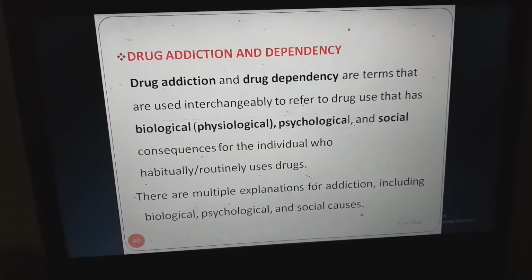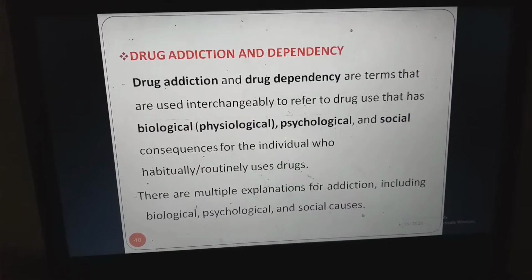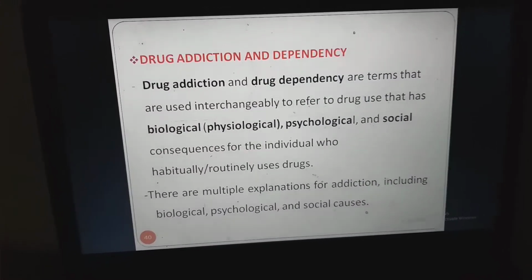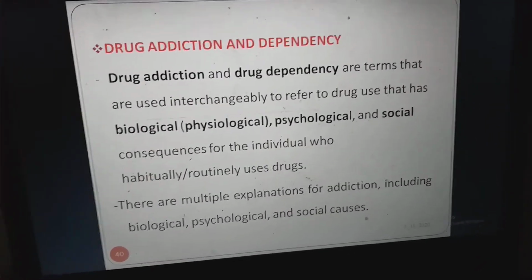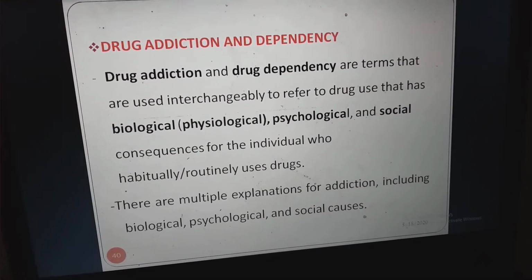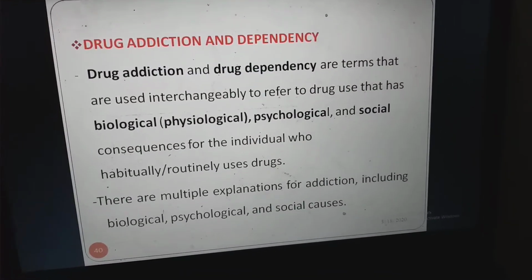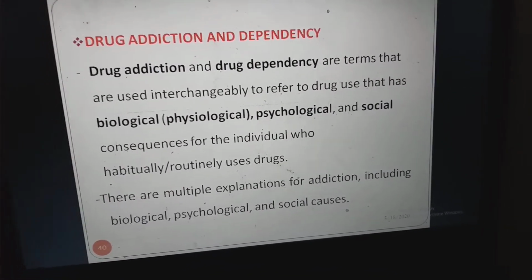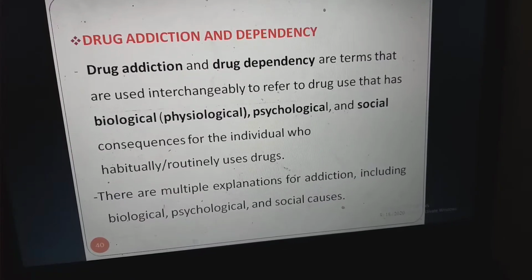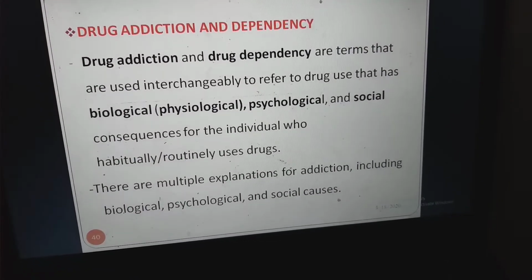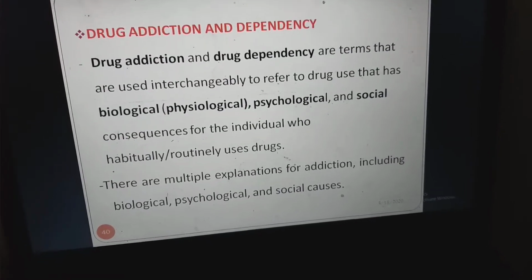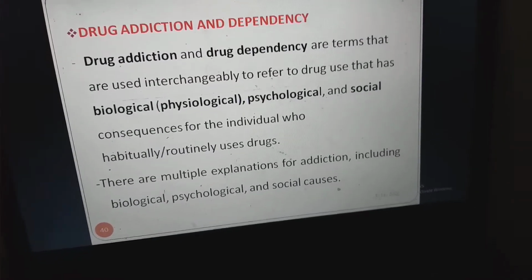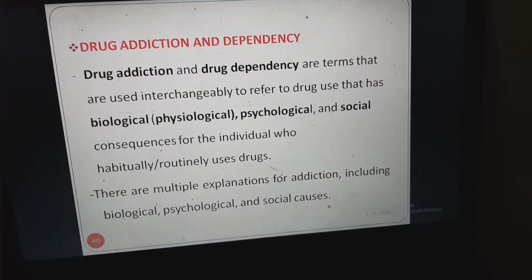Drug addiction and drug dependency are terms used interchangeably to refer to drug use that has biological or physiological, psychological, and social consequences for individuals who habitually or routinely use a drug. There are multiple explanations for addiction, including biological, psychological, and social causes.